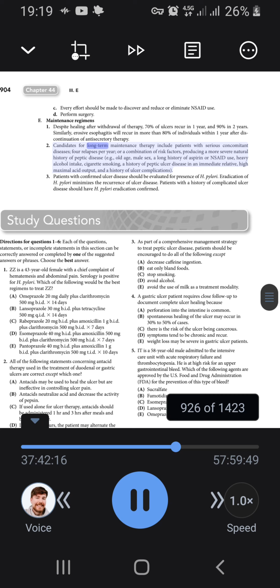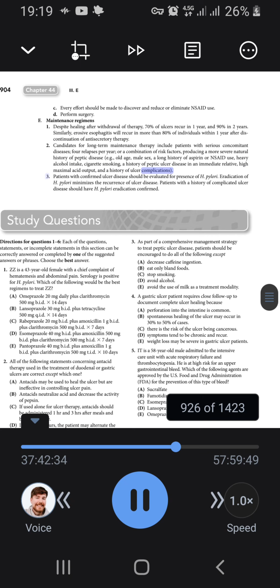Candidates for long-term maintenance therapy include patients with serious concomitant diseases, 4 relapses per year, or a combination of risk factors producing a more severe natural history of peptic disease, for example, old age, male sex, a long history of aspirin or NSAID use, heavy alcohol intake, cigarette smoking, a history of peptic ulcer disease in an immediate relative, high maximal acid output, and a history of ulcer complications.